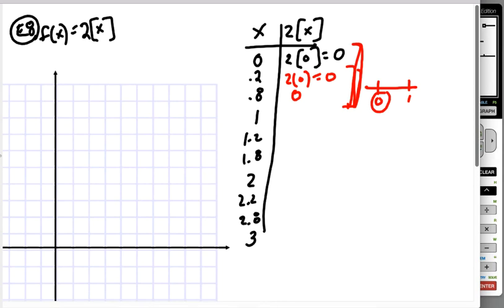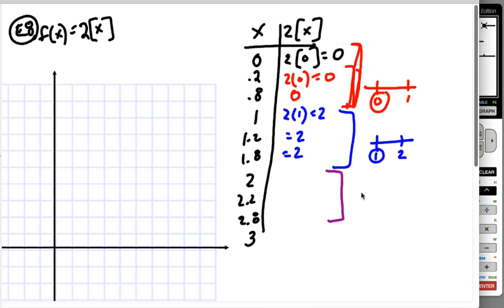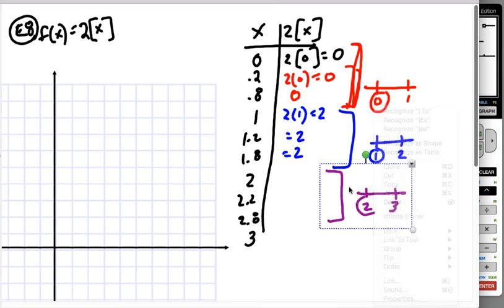But the second I get to 1, and pretty much 1 to 1.8, these guys live between 1 and 2. They're all going to round down to 1. Well, that's a 2 times a 1, so they're all going to be 2s, right? Then the second I get up to 2, 2 to 2.8 are going to live between 2 and 3, which means they round down to 2.